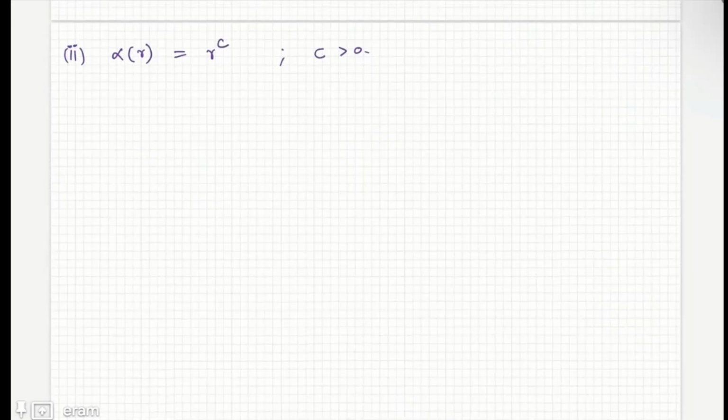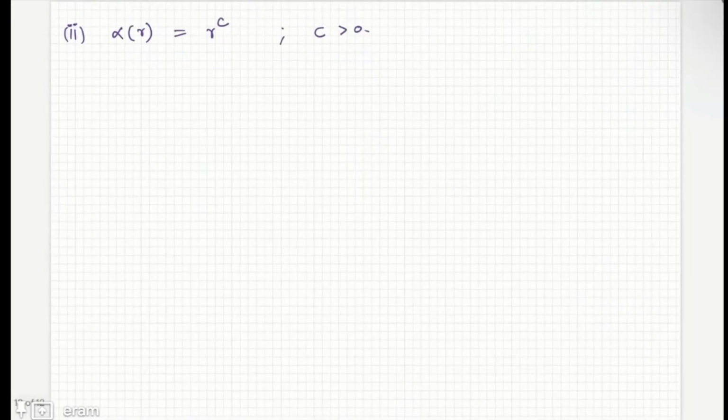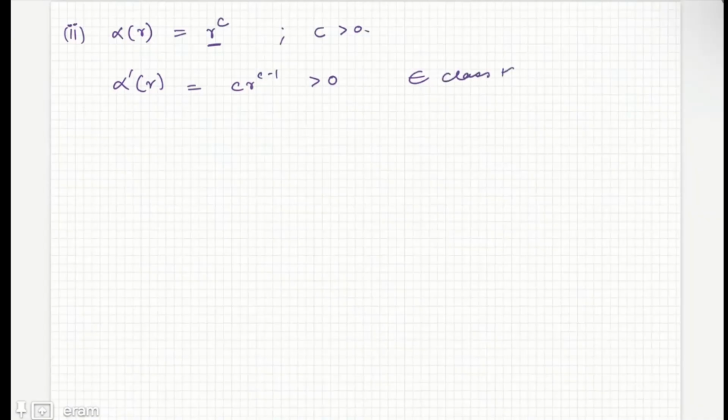For a positive domain from 0 to a, this will give us a positive number, so it maps to R plus. Also when r equals 0, this is 0, and its derivative is also greater than 0. That means it is strictly increasing, so it also belongs to class K.